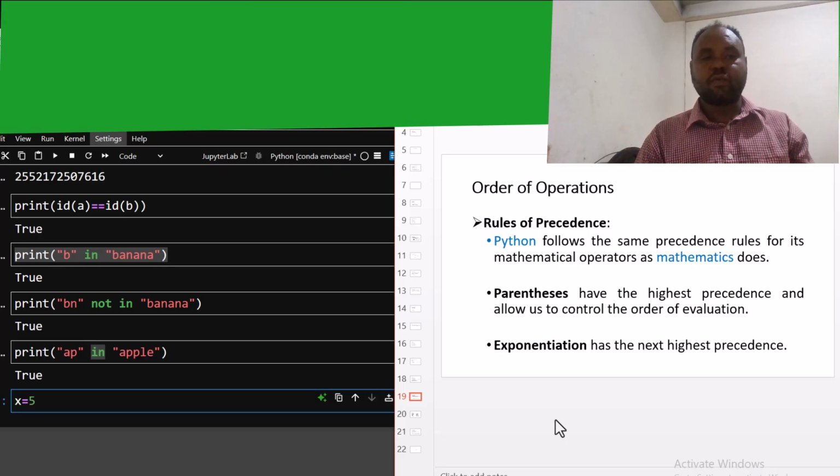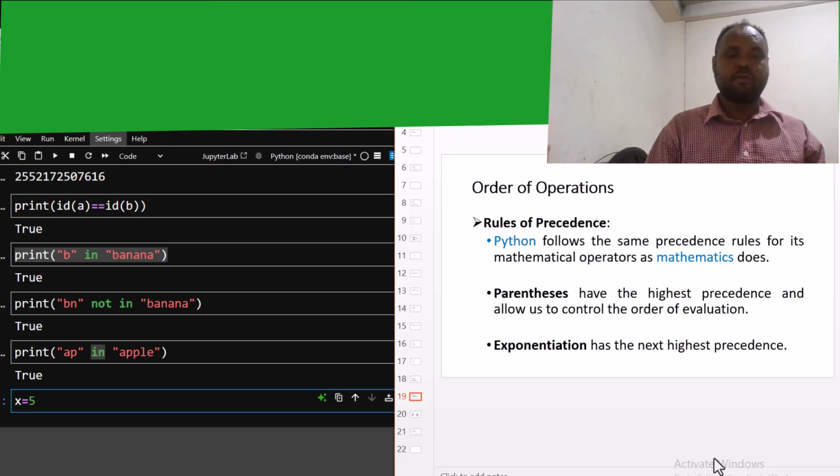Multiplication and division come before addition and subtraction. What if operators have the same precedence, such as addition and subtraction? There is a rule for that also. We shall see later.